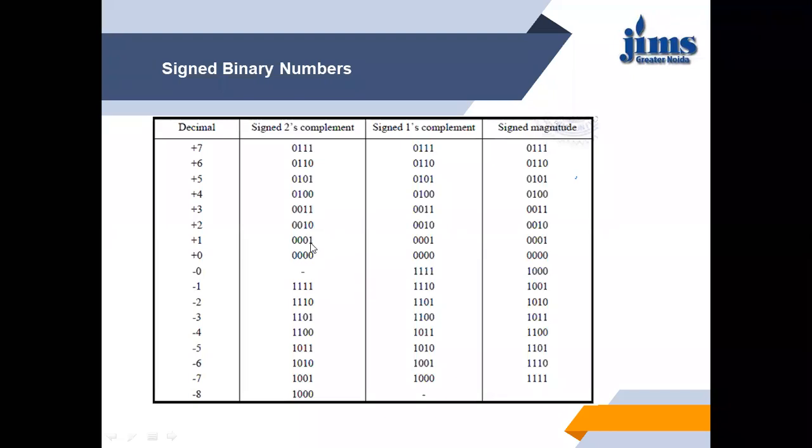The beauty of twos complement is that +0 and -0 are the same, but in the case of ones complement and the sign magnitude representation, +0 and -0 are different. That's why we use twos complement over ones complement and sign magnitude representation of negative numbers. That's why we use only twos complement.